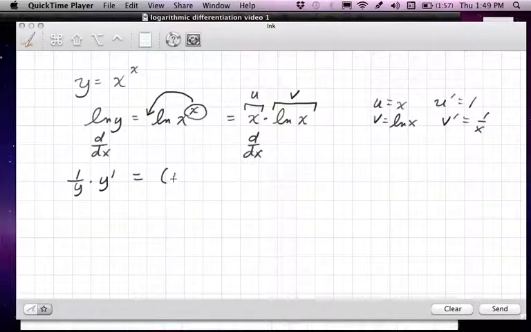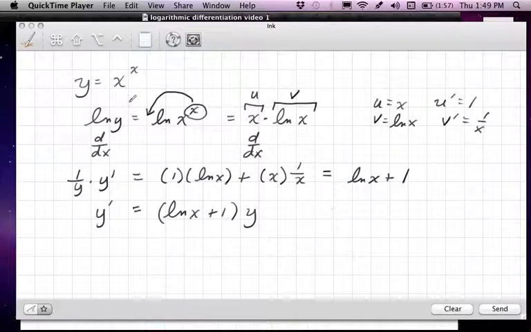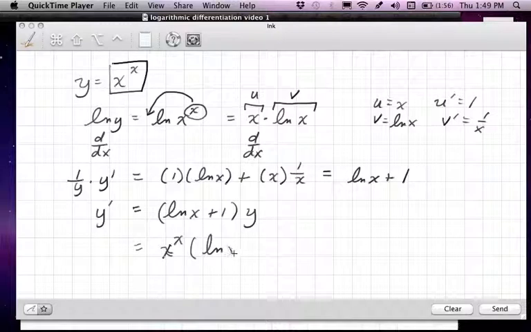So it's 1 times natural log of x plus u times v prime, and this simplifies to natural log of x plus x times 1 over x, which simplifies to 1. Now you can multiply both sides by y, so it's natural log of x plus 1 times y, and y is x to the x, so you make that substitution, and I'll put it at the front: x to the x times natural log of x plus 1.